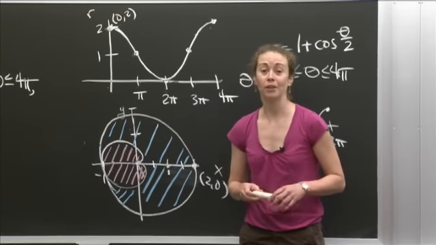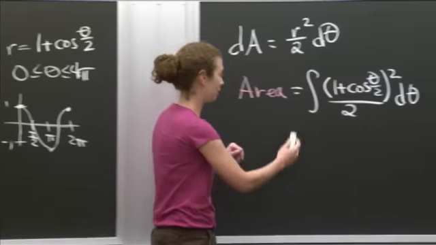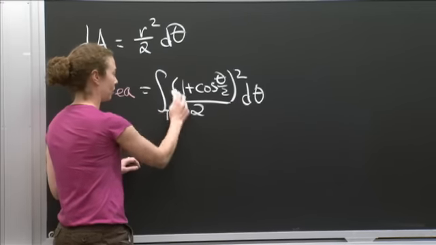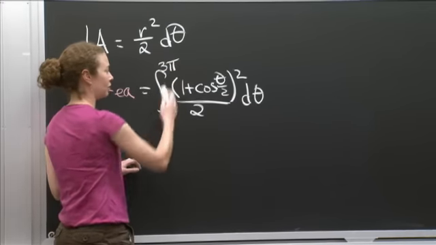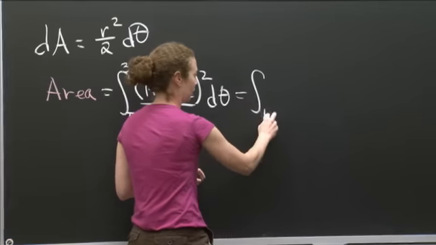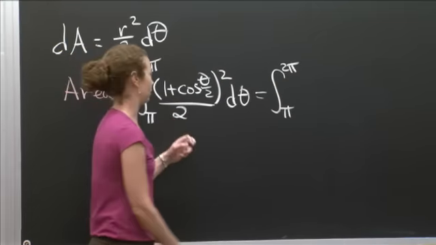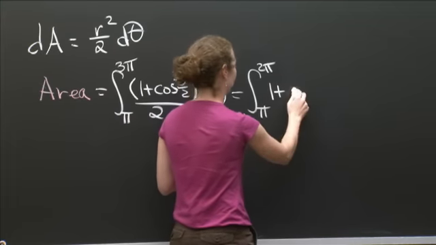Or you can go from pi to 2 pi and multiply that by 2. So let me come back and write that down. It's either pi to 3 pi of this, or you just write it as the integral from pi to 2 pi. And if I multiply this by 2, the 2 in the denominator drops out.